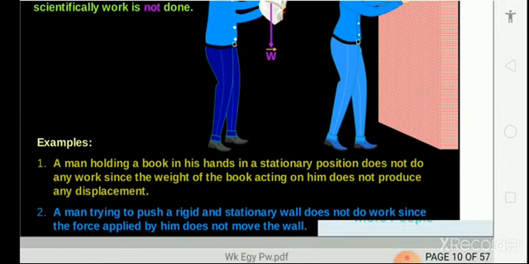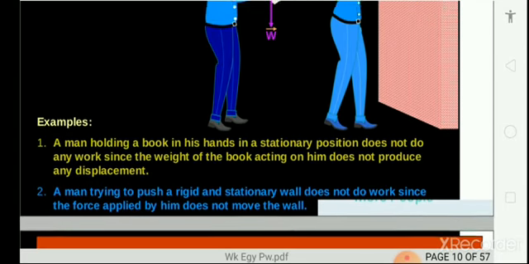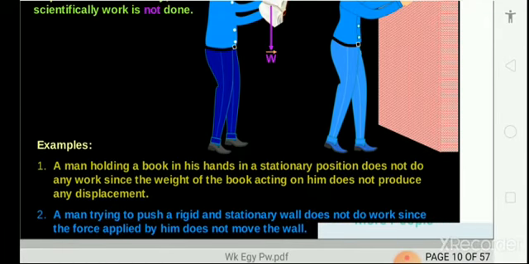See, a man holding a book in his hand in a stationary position does no work, since the weight of the book acting on him does not produce displacement. A man trying to push a rigid, stationary wall does not do work, since the force applied by him does not move the wall.